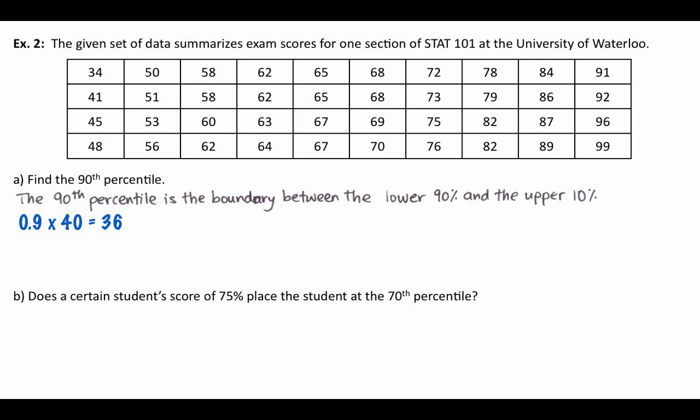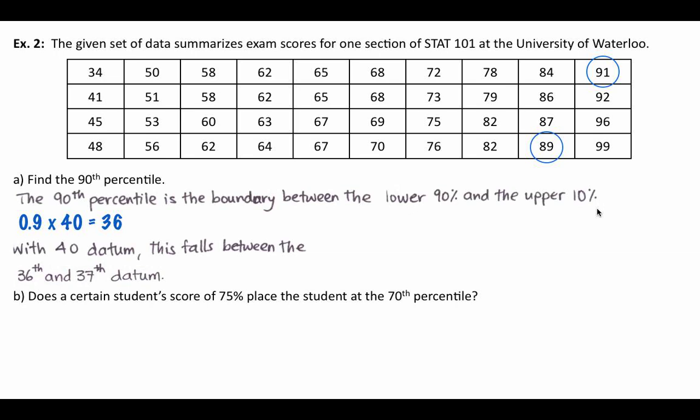So we take 90% times 40 scores. It's the 36th score. So if we go in order, we find our 36th score, which just happens to be 89. It's between, though, the 36th and the 37th datum.